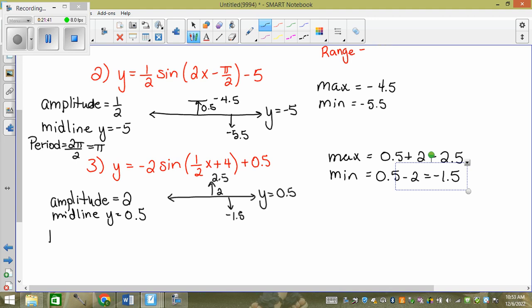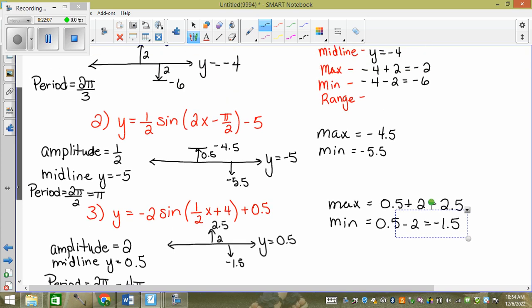And this one, my period is 2 pi over 0.5, so it's actually 4 pi. You would put 2 divided by 0.5 in your calculator without the pi, and it'll tell you it's 4.